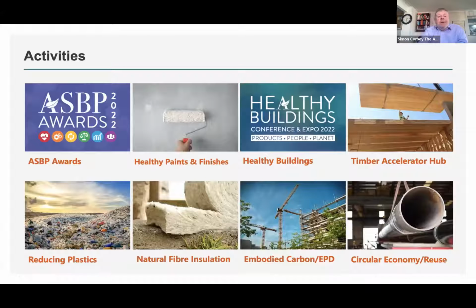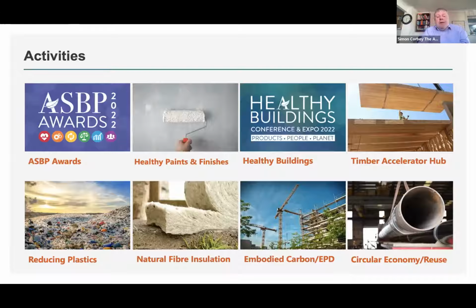6 great winners. Have a look at our website for them, or if you're going to Future Build, they'll be there. We've got a new healthy paints and finishes group, which I'll talk about in a second. Joe Giddings is heading up the Timber Accelerator Hub, which is looking at mass timber and how we can reverse the choking off of mass timber developments here in the UK. We have a reducing plastics working group, a natural fibre insulation working group.